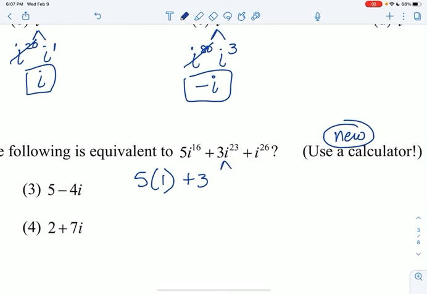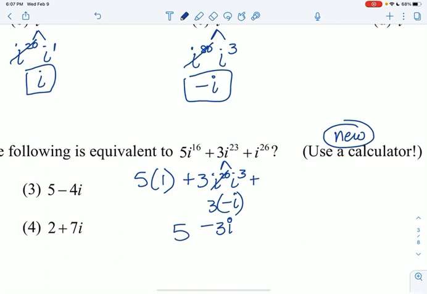So I'm going to break it down to i to the 20th and i to the 3rd. Now you guys know that i to the 20th is equal to 1 because it's a factor of 4. i to the 3rd is equal to negative i. So this is just 3 times negative i, which is negative 3i. And then 5 times 1, the first term is just 5.